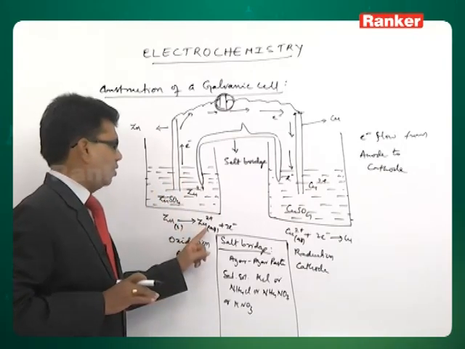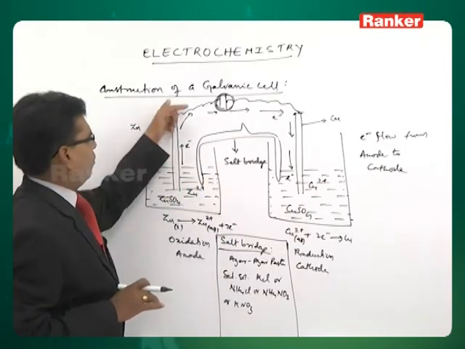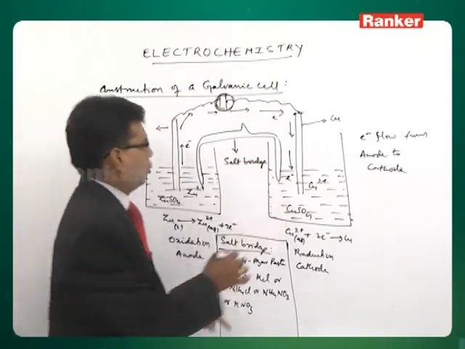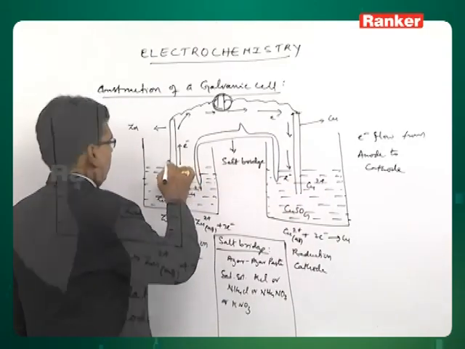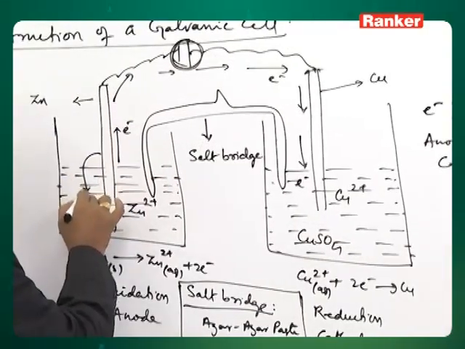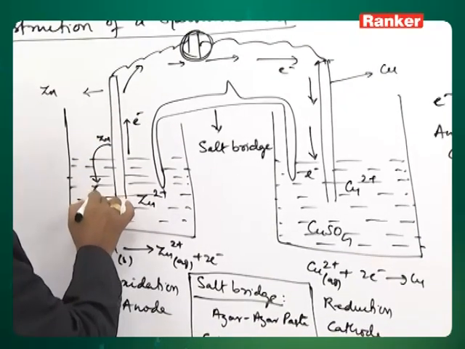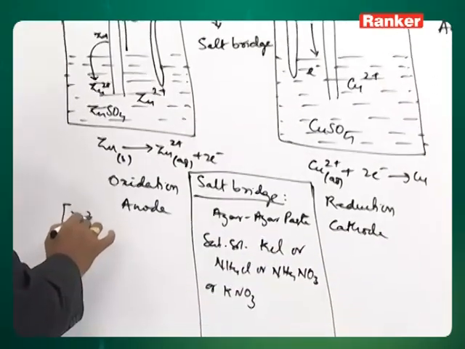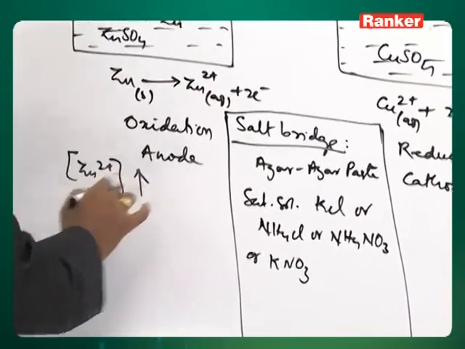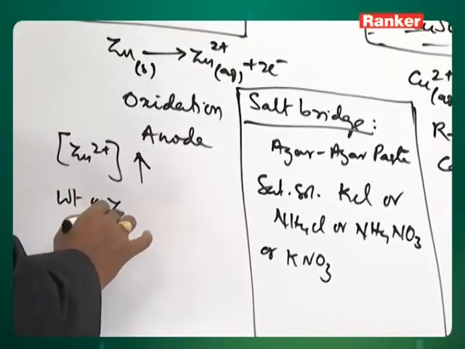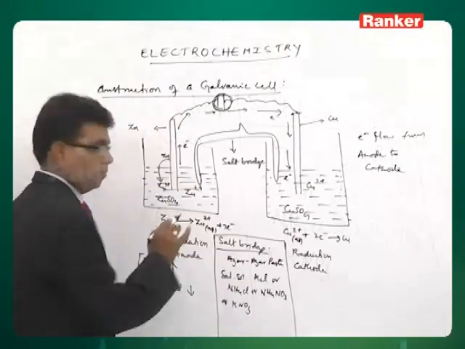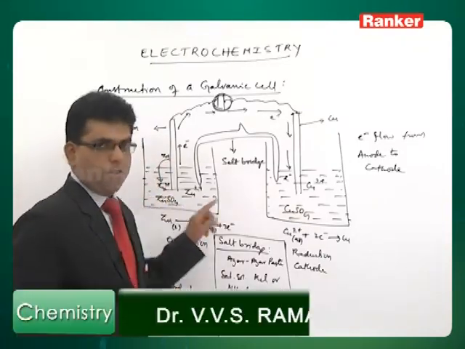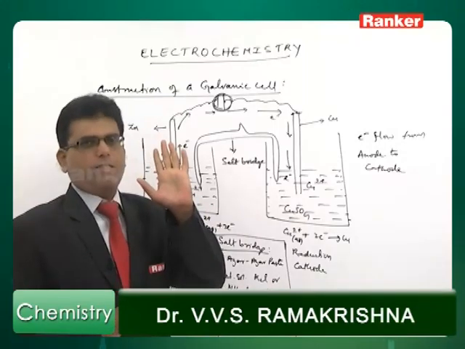So, zinc undergoes oxidation to Zn2+, and the electrons flow through the external circuit to the half cell of copper sulphate, where the cupric ions are. Zinc from the metal rod goes into the solution. So, the concentration of Zn2+ increases and the weight of the zinc rod decreases, because zinc is getting dissolved into the solution as Zn2+.